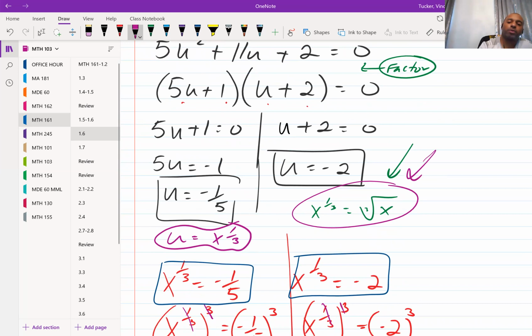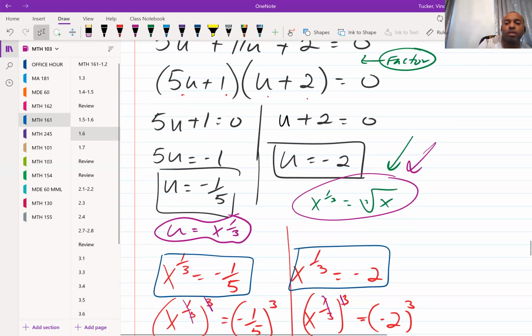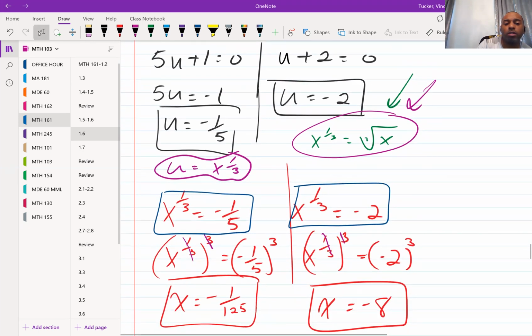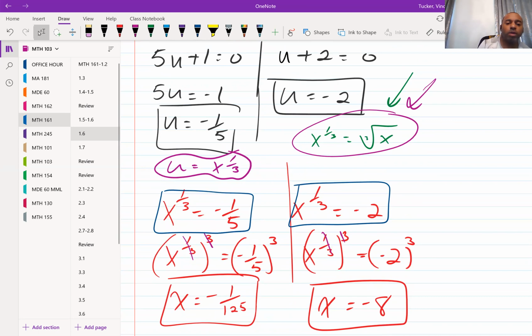So here in the purple circle, I was emphasizing the fact that x to the 1/3 is the same thing as the cube root of x. So if you have the cube root of x and you want to get that cube root off of x, you will cube both sides. In other words, raise both sides to the 3rd power. That's what we did in order to solve. We have x to the 1/3 equal to -1/5. We cube both sides.